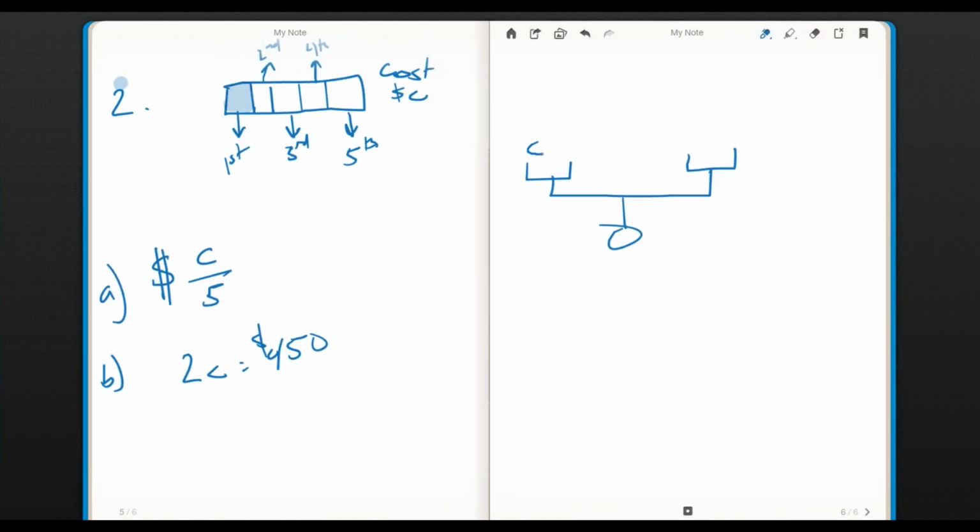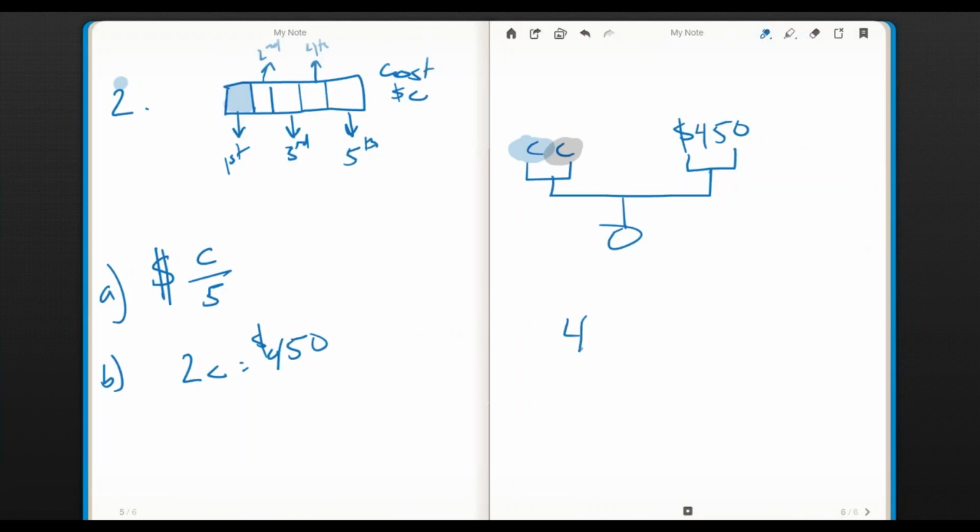So if there are 2 C's, that's what 2C means, C and C, and then if it's equal to $450, basically what we're saying is this is half of it and this is the other half. Because notice the 450 and the 2 C's are balanced.